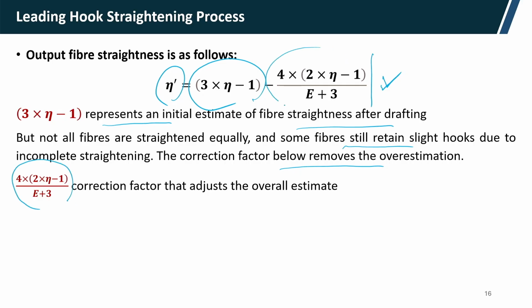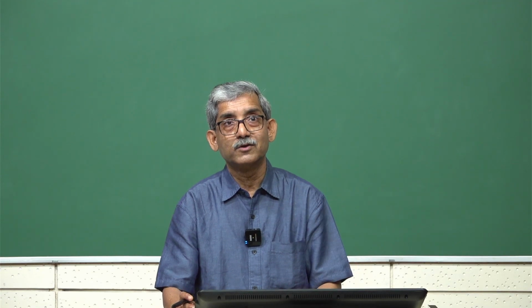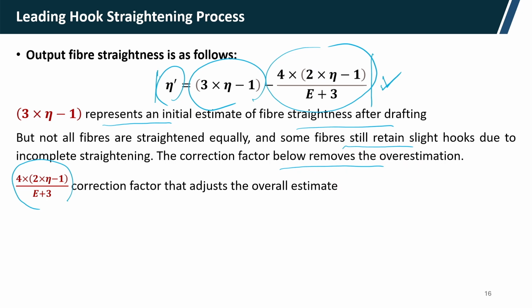The second part is the correction factor, which will reduce the straightening, because all the fibers are not getting straightened. So the eta dash value, output fiber straightness, should not be very high. To take care of this, the correction factor reduces the overall estimate.